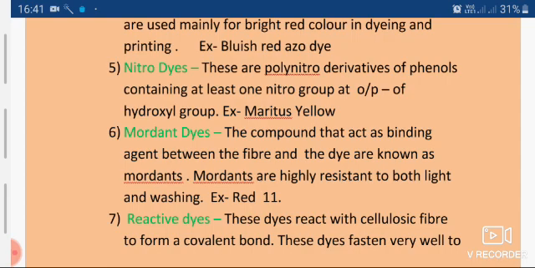So the next is mordant dyes. A compound that acts as a binding agent between the fiber and dye is known as mordant.